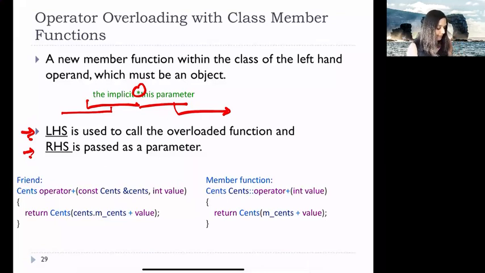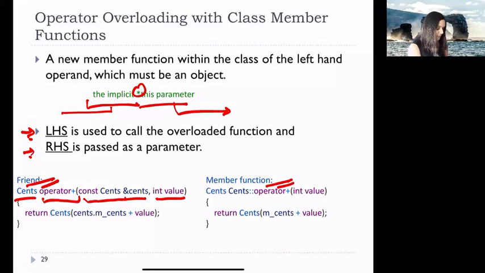Now, depending on whether you're using an overloaded operator with a friend function or with a member function, the way you call or define the overloaded operator will be different. If you're using a friend function and overloading operator plus, then we would have to say, okay, this is the class, this is the operator that you're overloading, and this operator has parameters such as const send and the value.